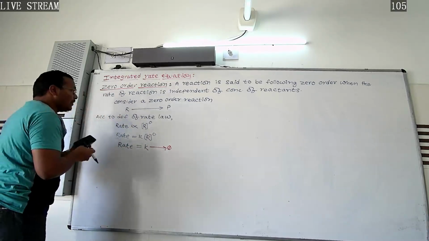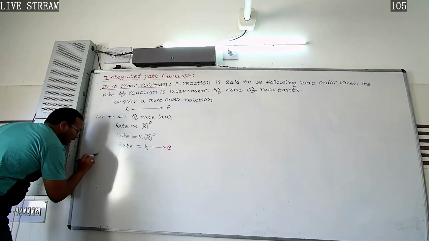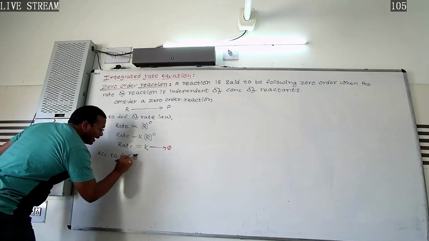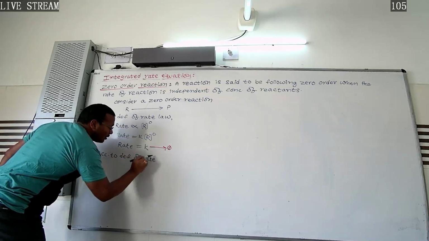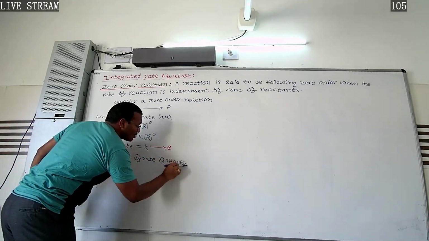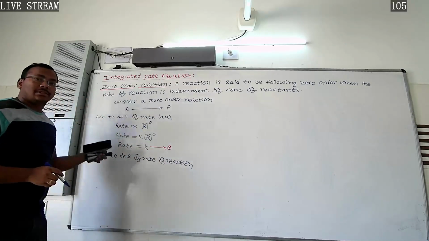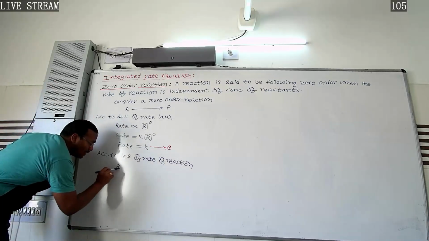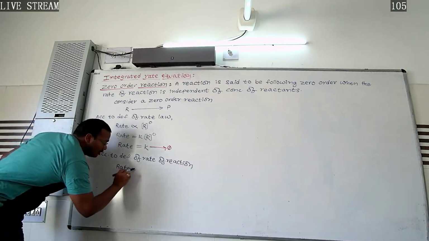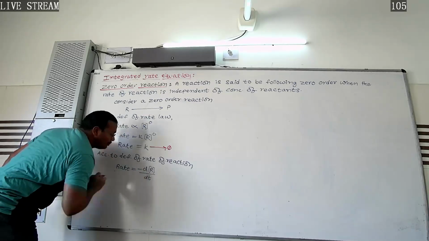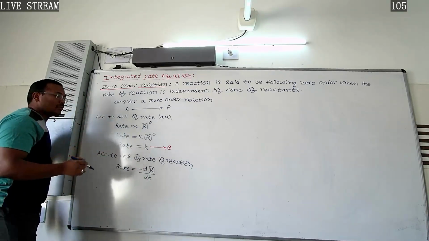Now, according to the definition of rate of reaction, what do you mean by rate of reaction? Decrease in the concentration of reactant or increase in the concentration of product. So according to that definition, rate is equal to minus dR by dt or plus dP by dt, that is not needed.